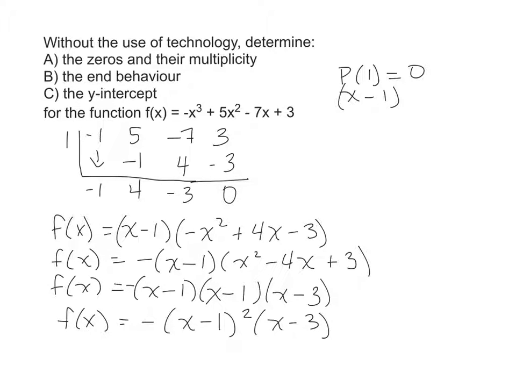Now we can probably start to answer some of those questions. So for A, what are the zeros? X equals 3, and x equals 1 with a multiplicity of 2.